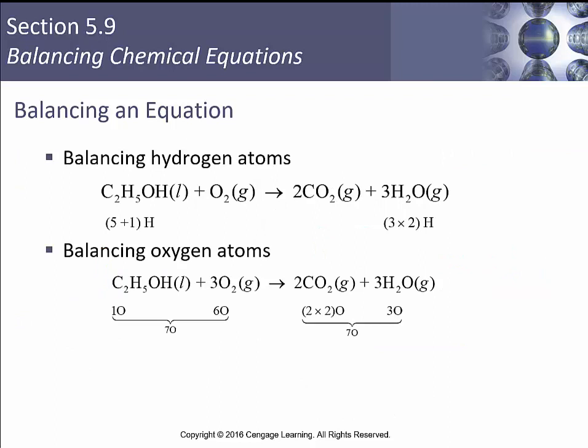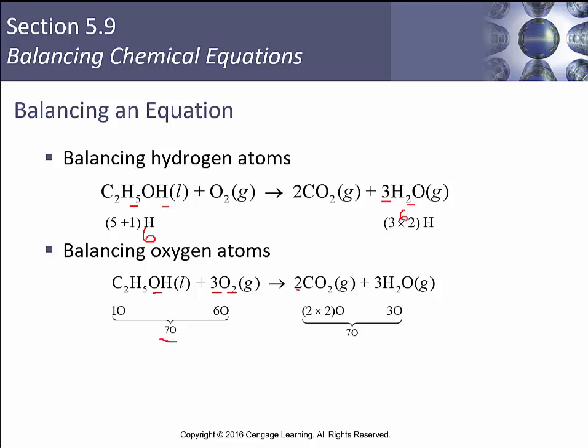Then you're going to look at the hydrogen atoms, right? Here I've got 5 plus 1, that's 6 on the left. And over here I've got 3 times 2, that's 6 on the right. If I look at the oxygen atoms, I've got 1, and then 3 times 2, and that's going to give us a total of 7 oxygens on the left.